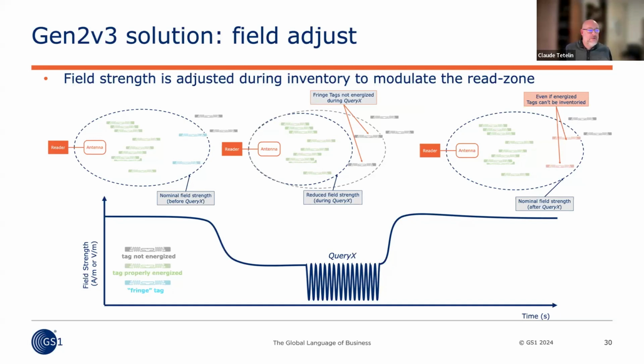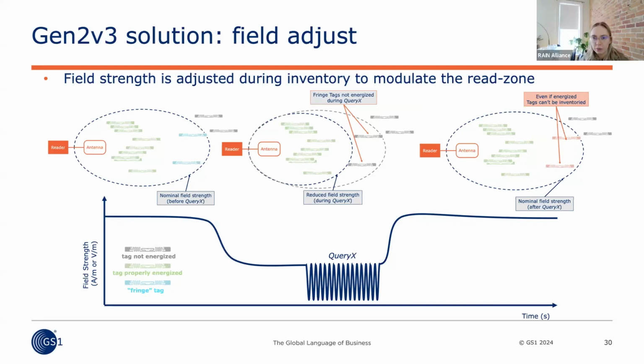But yeah, the two solutions are based on somewhat modulation of the field strength. Renee, correct me if I'm wrong. The boost is also in V3, right? Yeah, it's an option. Right. Okay. Thanks.